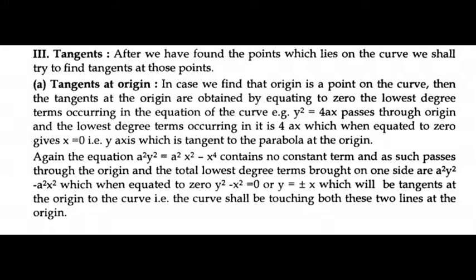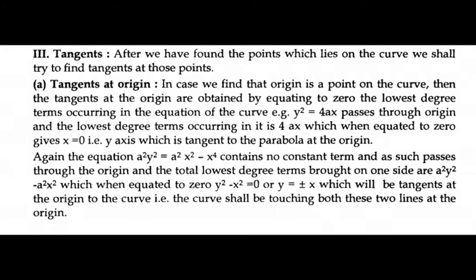Which is the lowest degree term here? 4x is the lowest degree term. If you equate this to 0, it implies x is equal to 0. So x is equal to 0 is nothing but our y-axis itself. Therefore, for the curve y square is equal to 4ax, x is equal to 0, that means the y-axis will be the tangent to the parabola at the origin.